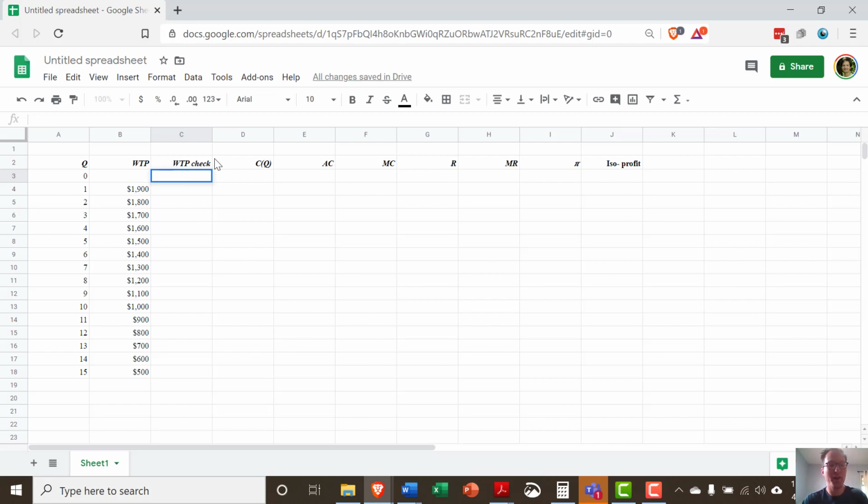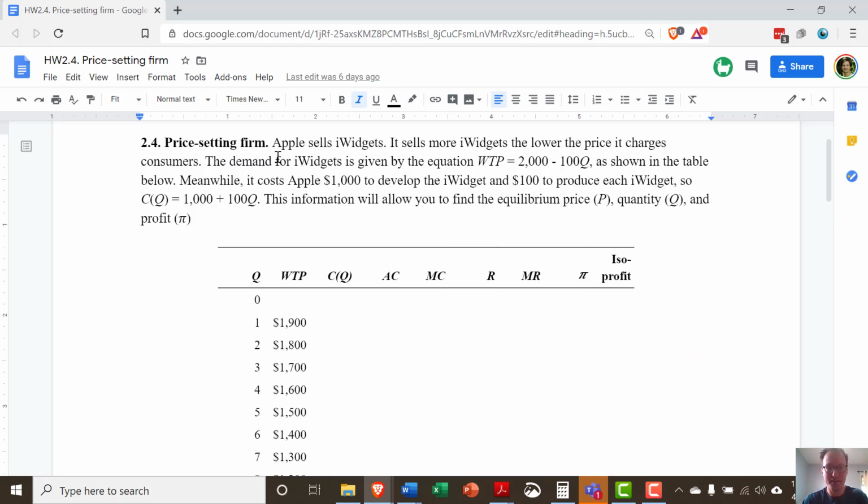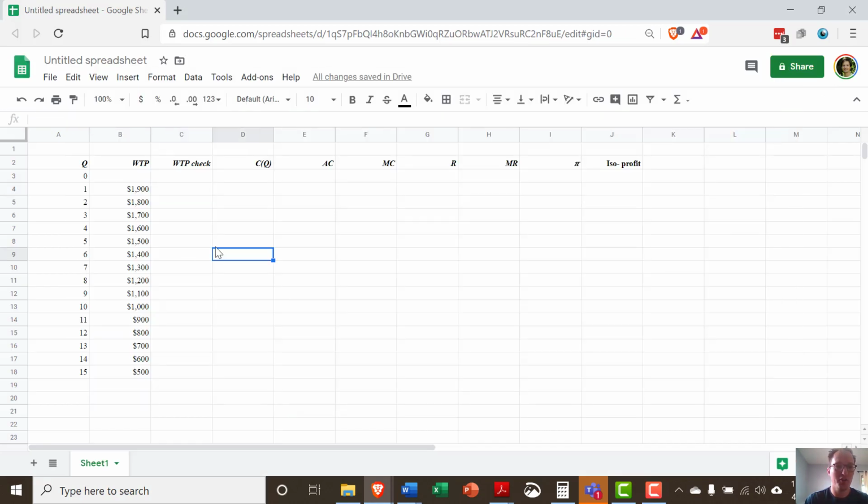The way you do that in a spreadsheet is you say willingness to pay should equal 2000 minus 100 times Q. Instead of using the number Q, we say, okay, multiply it by that cell, and we get 1900.